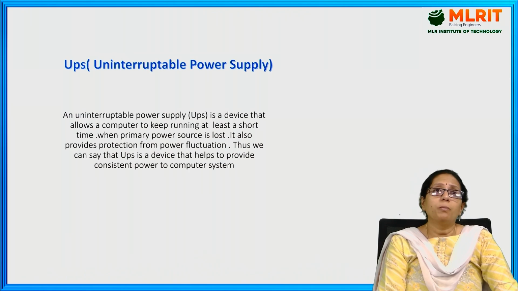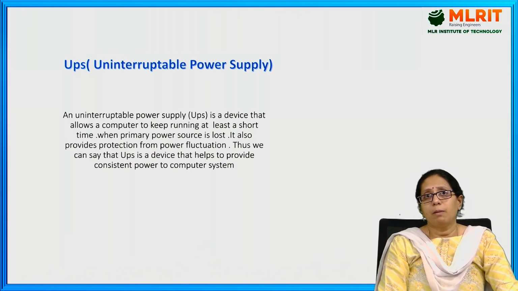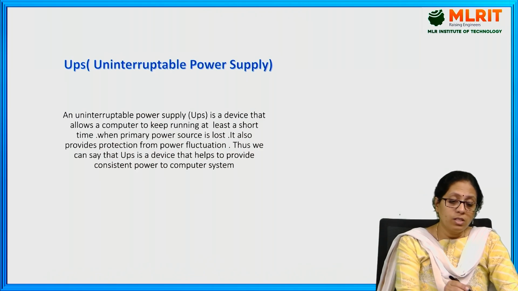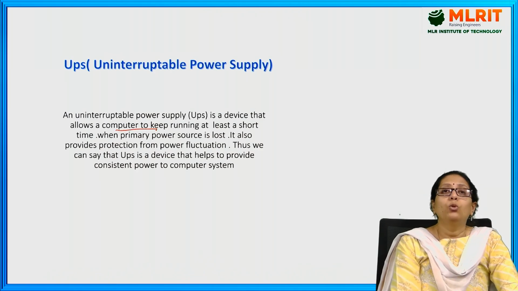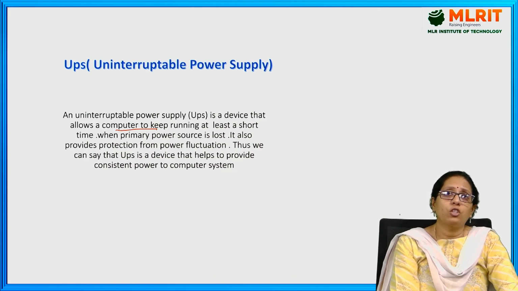What is UPS? UPS is nothing but the uninterrupted power supply. An uninterrupted power supply is a device that allows a computer to keep running at least for a short time. That means when the primary power source is lost, it provides protection from power fluctuation.